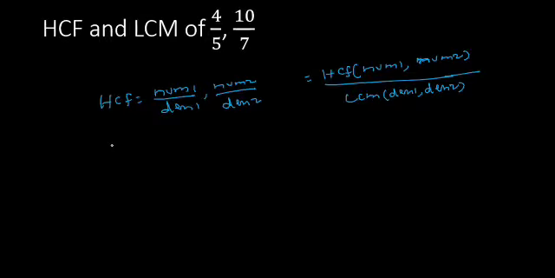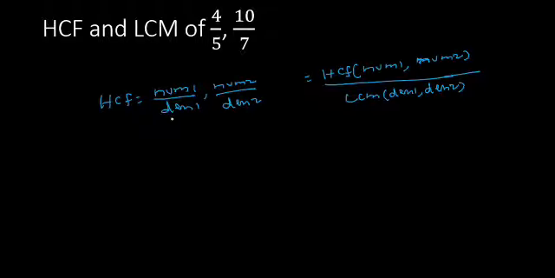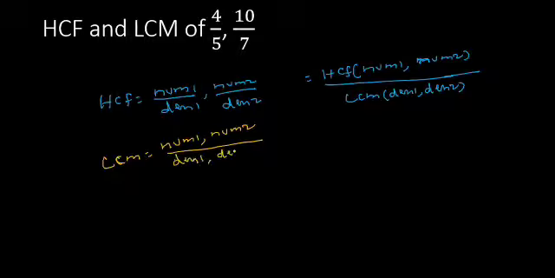Suppose the question is asked for the LCM of fractions. It is asked for the LCM of numerator 1 and numerator 2, and not only two numerators, you can apply it for n number of times, and denominator 1, denominator 2.